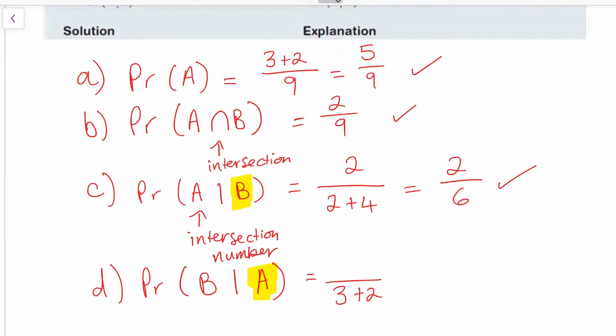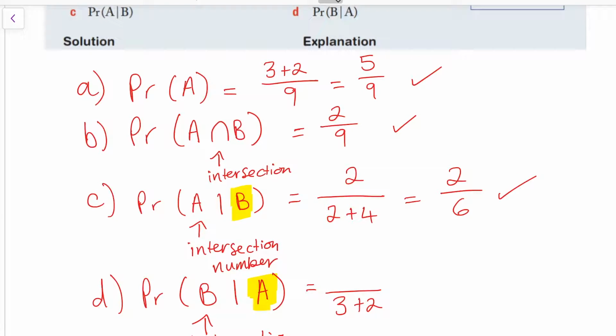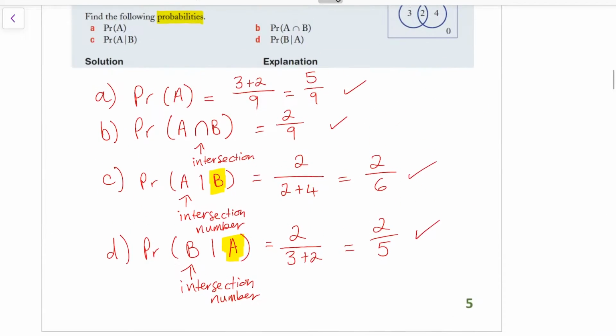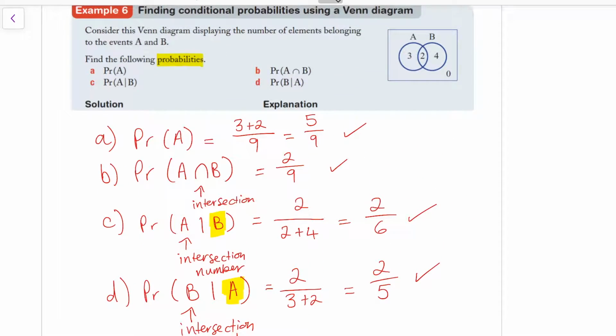And remember this one, all I need is the intersection. That's the only number I need, which is going to be the exact same as what I've put at the top because the intersection is 2. So it's 2 over 5. And that is how I can simplify conditional probability for you.